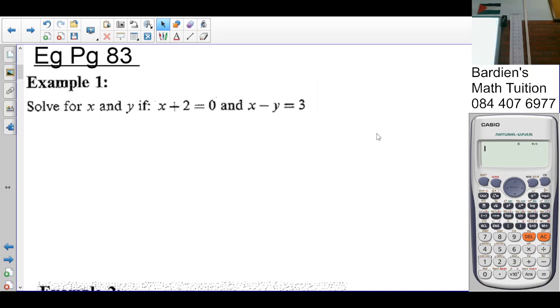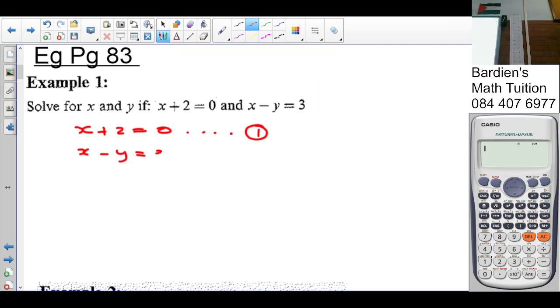Okay, so here we have two equations, not so? We have x plus 2 equals 0, let's call this equation 1. And we have x minus y is equal to 3, and we're going to call this equation 2. So do that quickly.